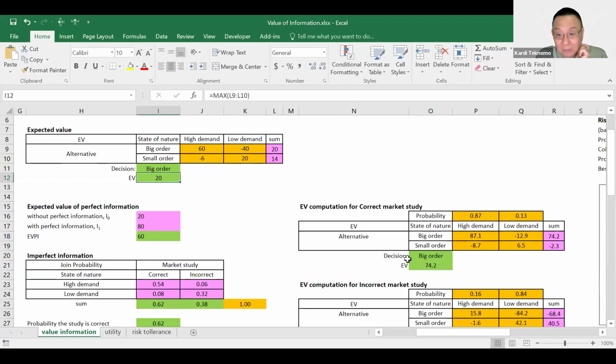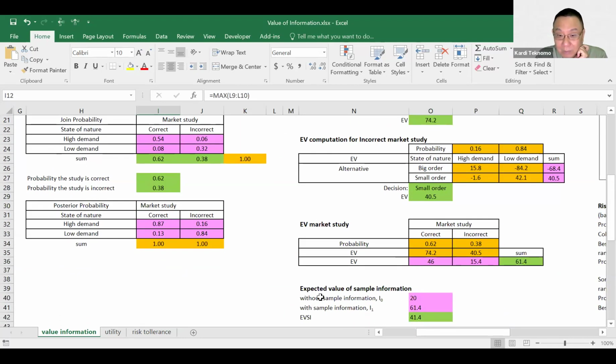Okay. This one represents the expected value without sample information. So then we can just subtract to compute the expected value of sample information. So this expected value of sample information represents, okay, the price of the consultant.